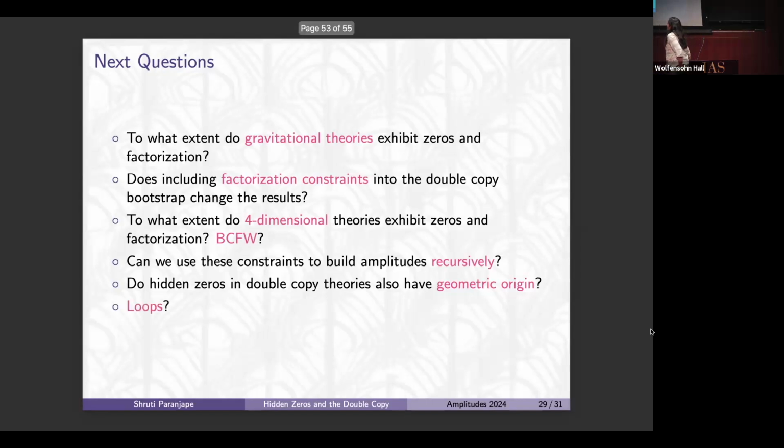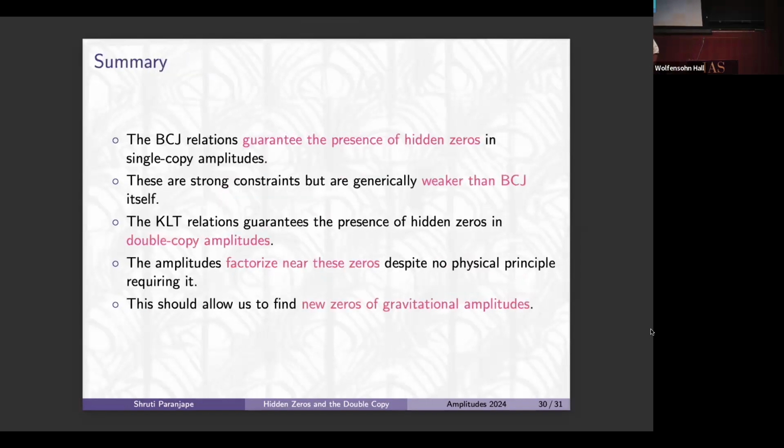Good. So let me summarize. We saw in this talk that there is a certain class of theories that have these hidden zeros, which are just kinematic points where the amplitude vanishes. We saw that any theory that satisfies color kinematic duality has to have these zeros.